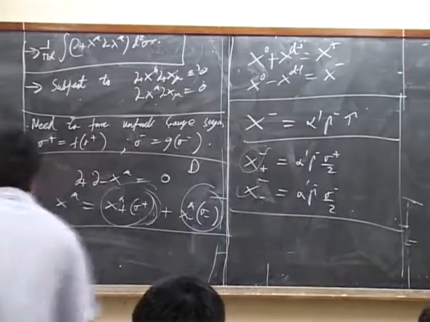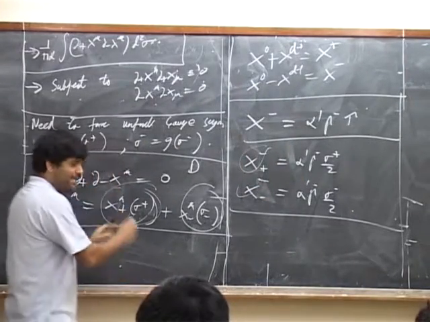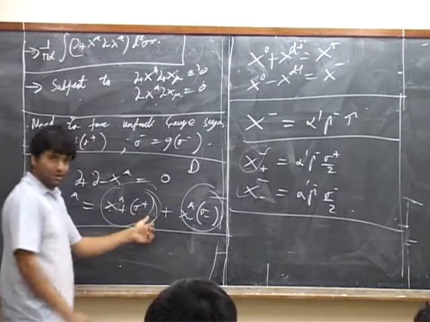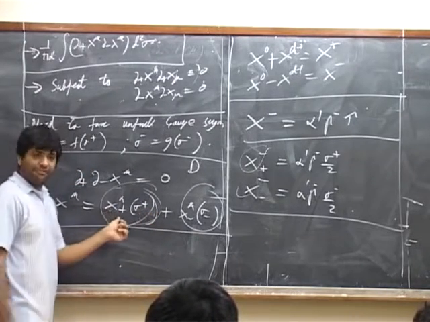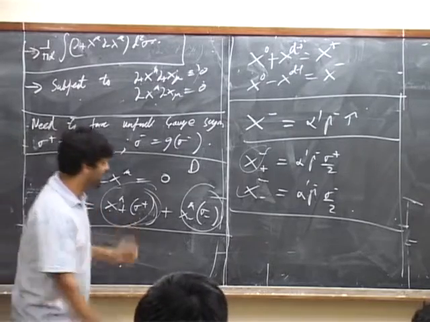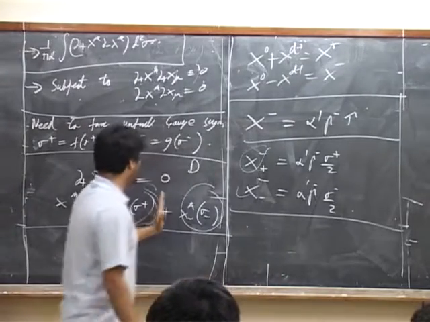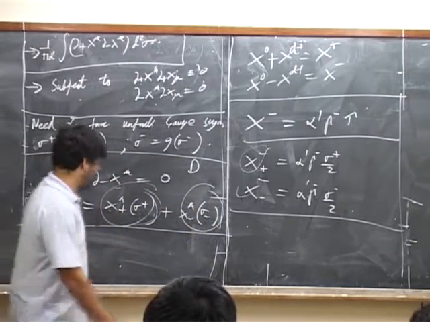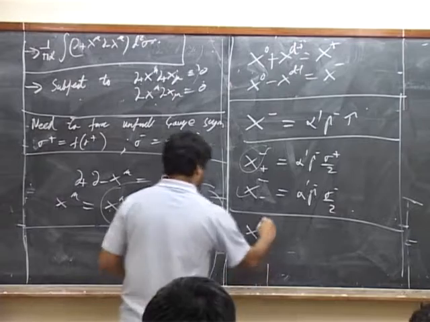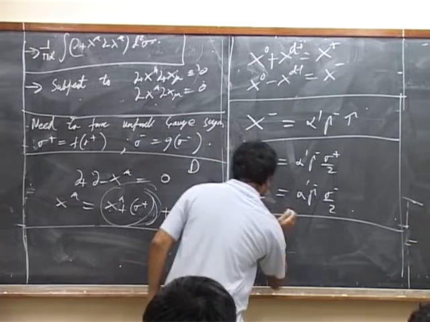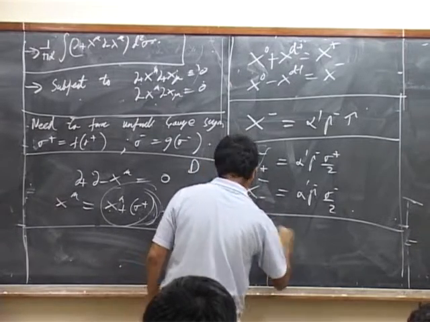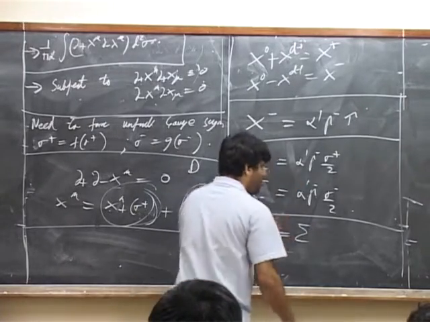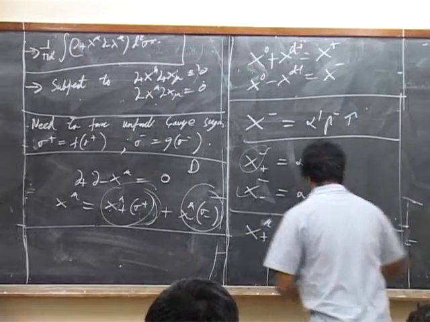Is this clear? Let me say this again. Remember we said that the most general solution of any of these x's, and therefore of x minus, was of this form. Let's forget about the sigma minus in what I'm saying for a moment. Look at just sigma plus. Now, this was a periodic solution. So x mu plus can be written in terms of Fourier modes.